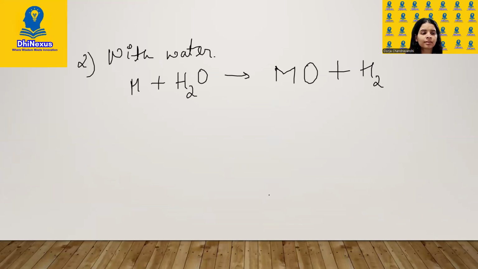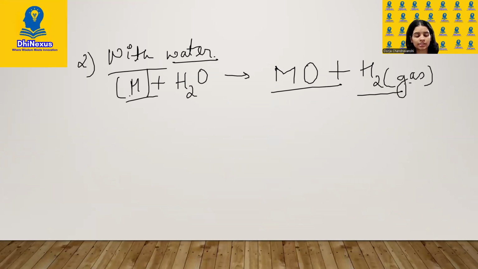Moving on, we'll see about water. Water, when it reacts with metal, gives us metal oxide and hydrogen gas. So this is giving me hydrogen gas.